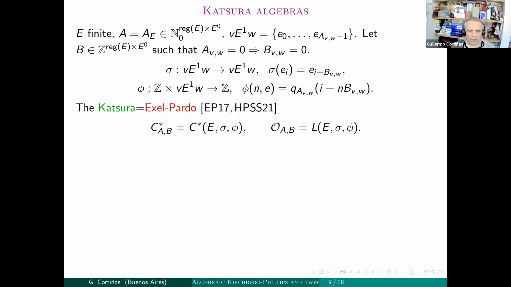Sorry about that. Okay, so the Katsura algebra, the C*-algebra of the Katsura pair, associated to the matrices A and B, is the Exel-Pardo C*-algebra of the triple (E, sigma, phi).